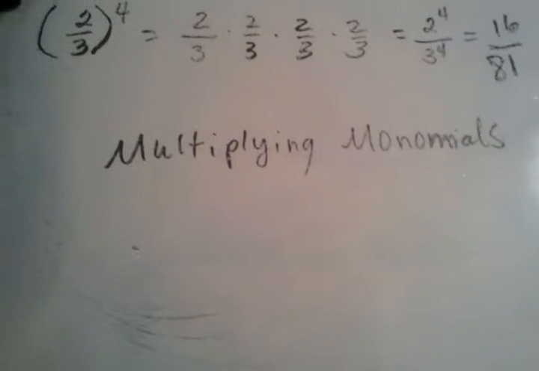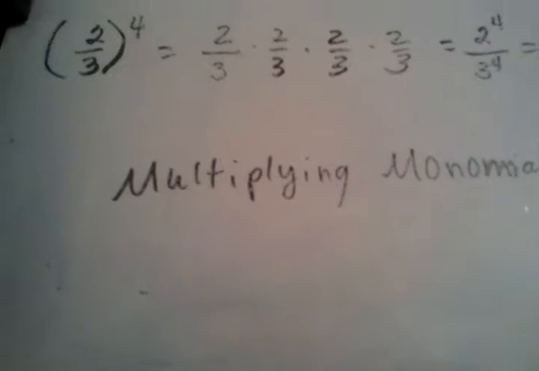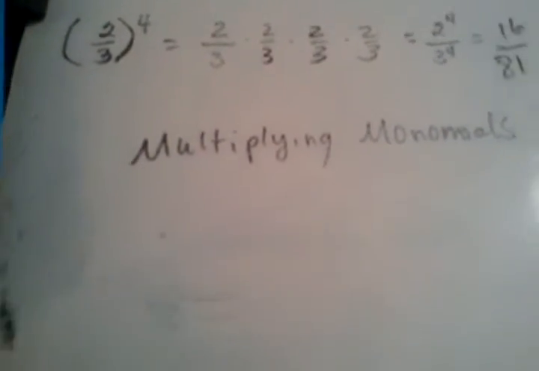The first question I would want to know is, what in the world is a monomial? That's the first thing that we're going to do. We're going to define what that is.